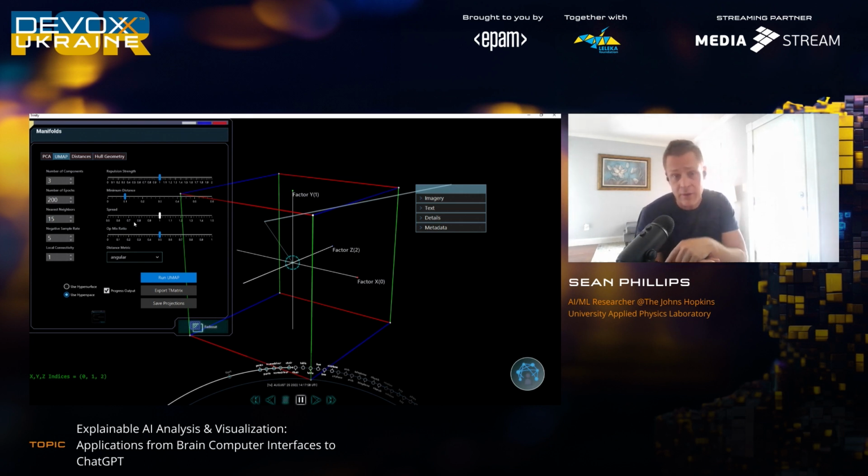And I'm going to go into more detail here with my next example that is based on ChatGPT. But let me finish this brain-computer interface example by demonstrating using UMAP on this data. Now, in this case, I have some very specific settings. So I could spend probably half a day just going through how to use UMAP and what the differences are.